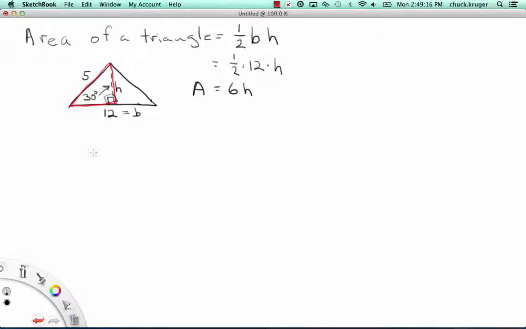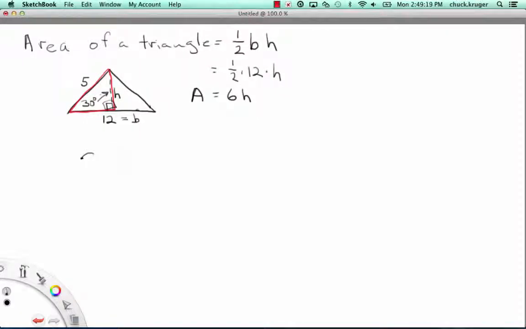So if we recall that the sine of an angle, I'll call it A, is equal to opposite over hypotenuse.